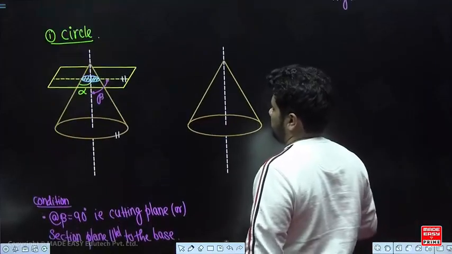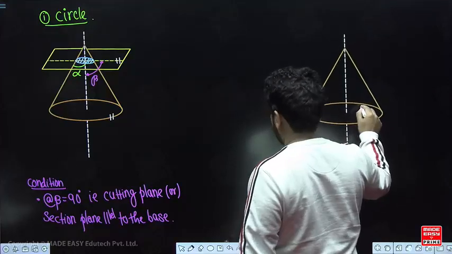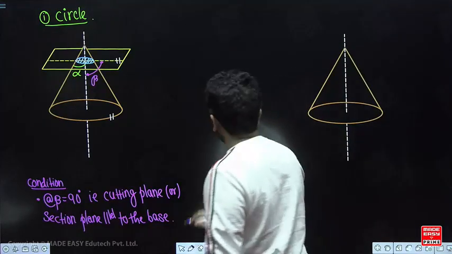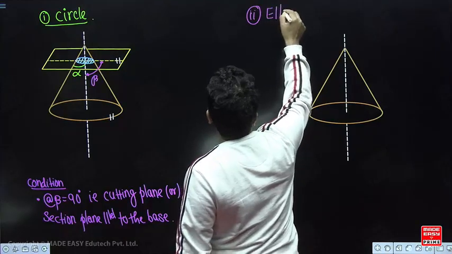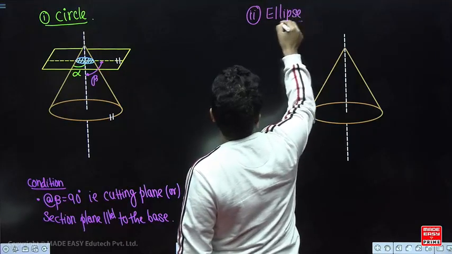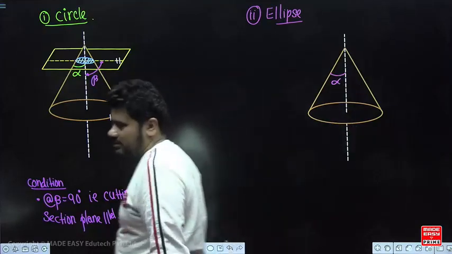Right. So in a single slide I will show you two shapes, the circle, and the second one I will show you here, the ellipse. This angle is how much? It is alpha. Is it clear to everyone up to here?